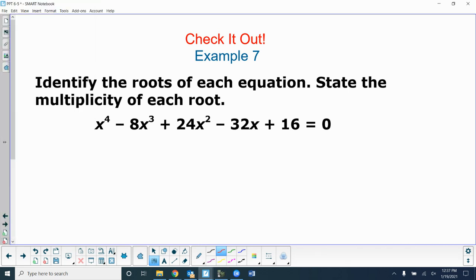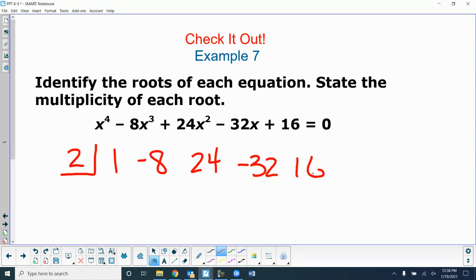So let's do this. How can I check? Synthetic, right? 1, -8, 24. Is anything missing? No. What if something was missing? Put the 0. We still do that, right?